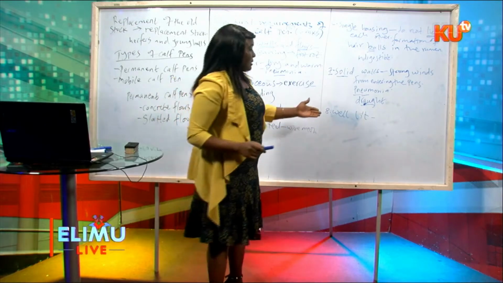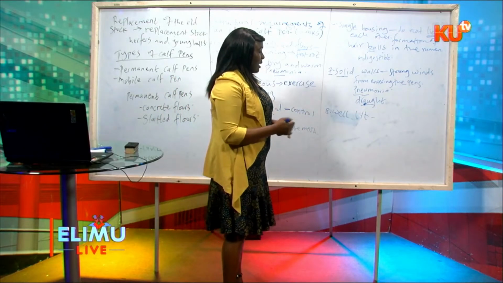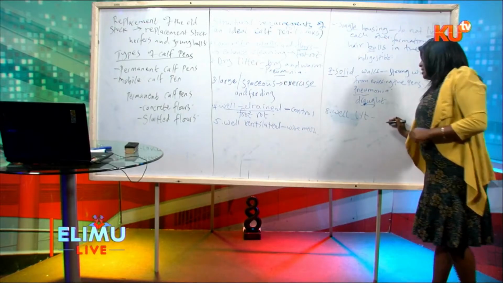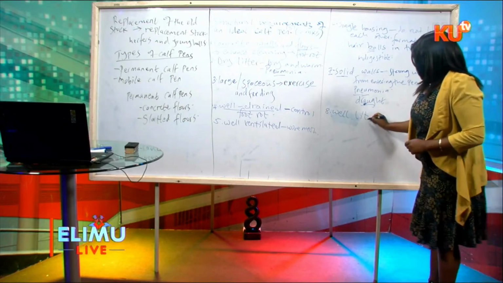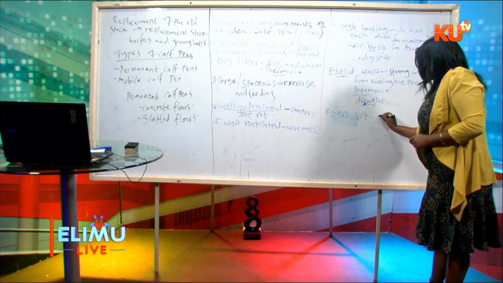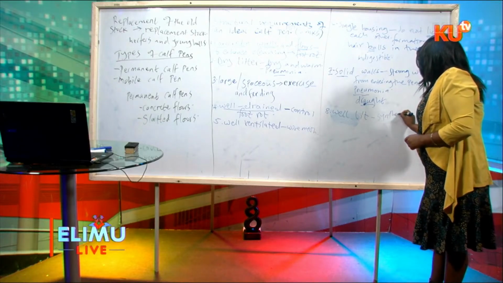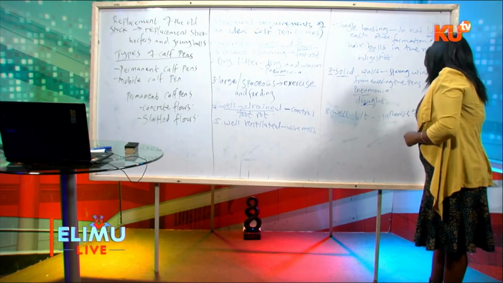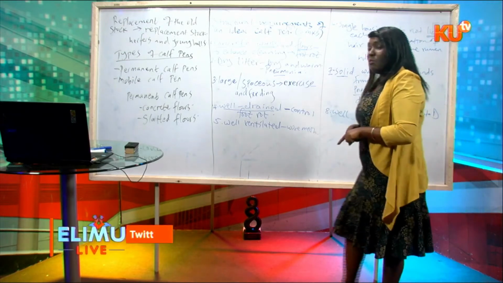Light in our houses makes it easy even for us to see. But in this particular case, light enhances synthesis of vitamin D in these livestock animals.